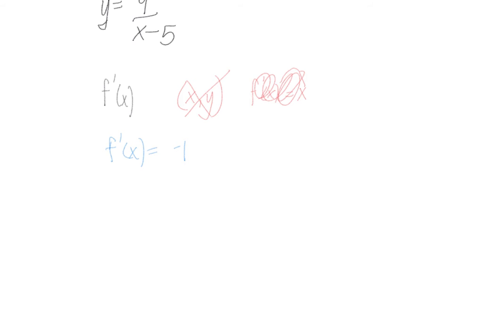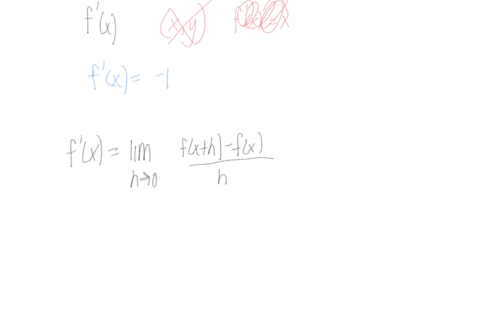And again, the only way I know to take a derivative at this point is to evaluate the limit as h approaches 0 of f of x plus h minus f of x all over h.